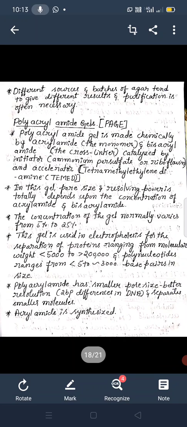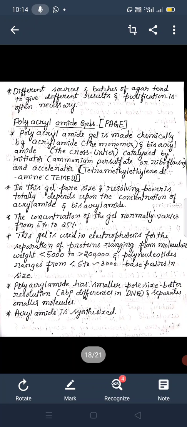This gel is used in electrophoresis for the separation of proteins ranging from molecular weight lesser than 5000 to lesser than 2 lakh, and polynucleotides ranging from greater than 5 to nearly 3000 base pairs in size. Polyacrylamide has smaller pore size. It gives better resolution and separates smaller molecules.